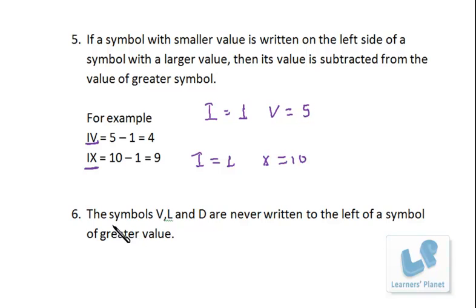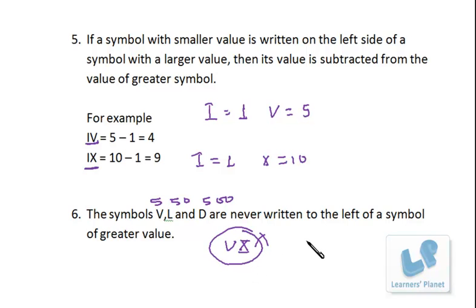Now the next rule: the symbols V, L and D are never written to the left of a symbol of greater value. V means 5, L means 50 and D means 500. These symbols are never written to the left of a symbol of greater value. That means VX, suppose I write this number, is not a valid example.